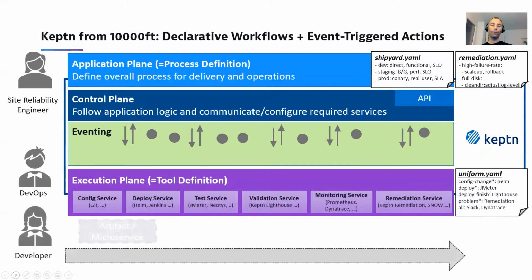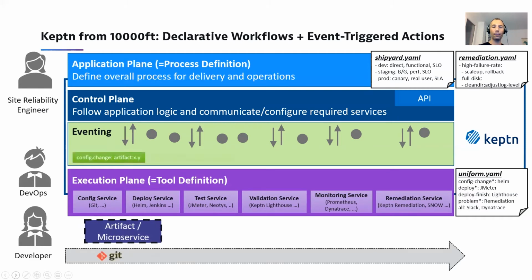Which means, if we take one of these processes, the delivery process, a developer can say, I have a new artifact, and Keptn, you already know the delivery process that was defined by the site reliability engineers, and you know which tools to use, because the DevOps team have enabled the tool integrations that are now listening to these events.